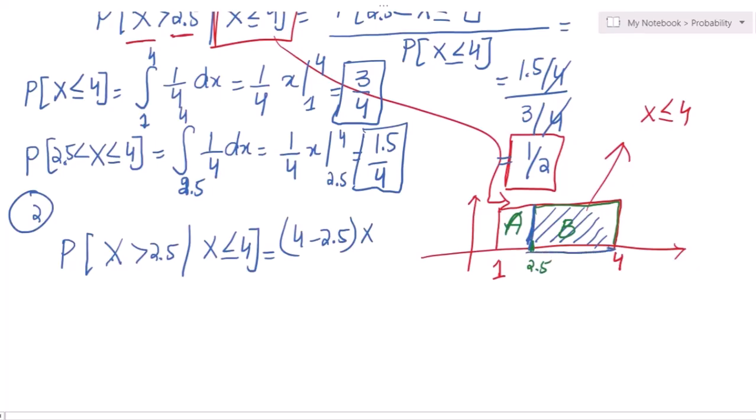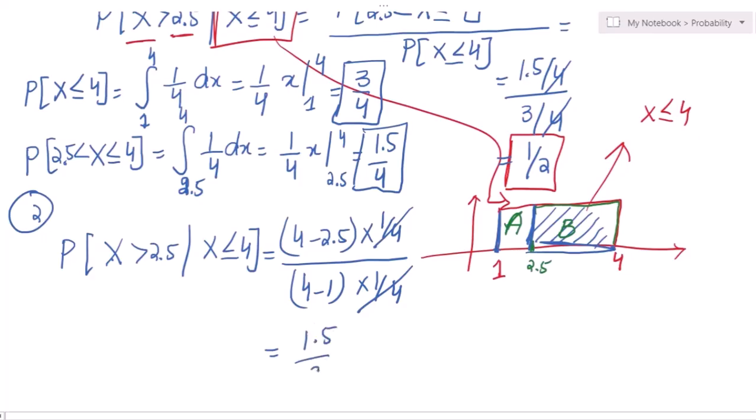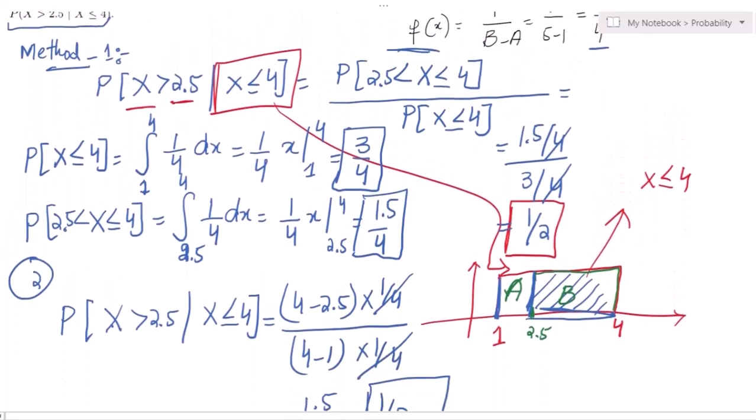This is the length and this is the height, which is 1 by 4 as we have already found out. Similarly, this is the total area, so it would be 4 minus 1, multiplying it with this height, which was 1 by 4 as well. These two will cancel out, and we have 1.5 over 4 minus 1, which is 3, so ultimately we would get the answer 1 by 2 as well. So the two answers are equivalent with each other.